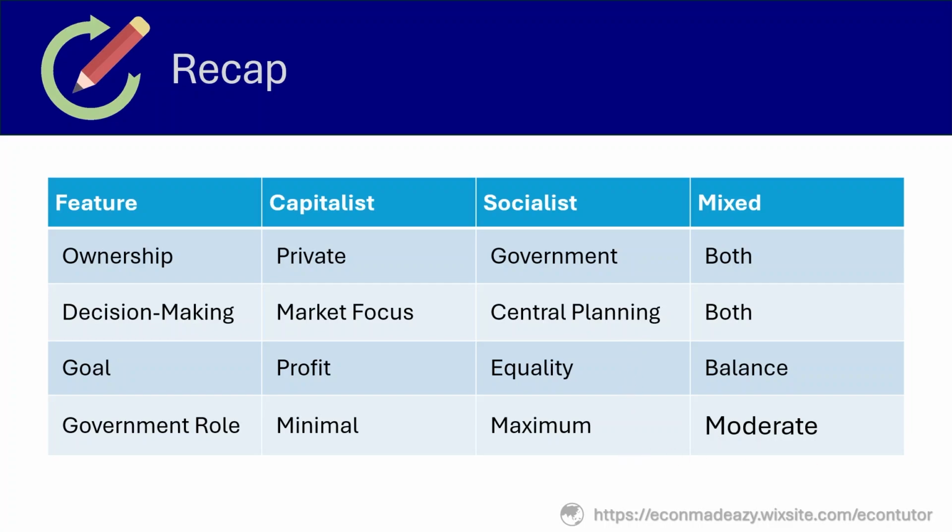And in a mixed economy, you get a blend of both. Private businesses work in many areas, but the government steps in to provide essential services and ensure fairness. So, whether it's who owns the resources or who decides what to produce, it all depends on the economic system.